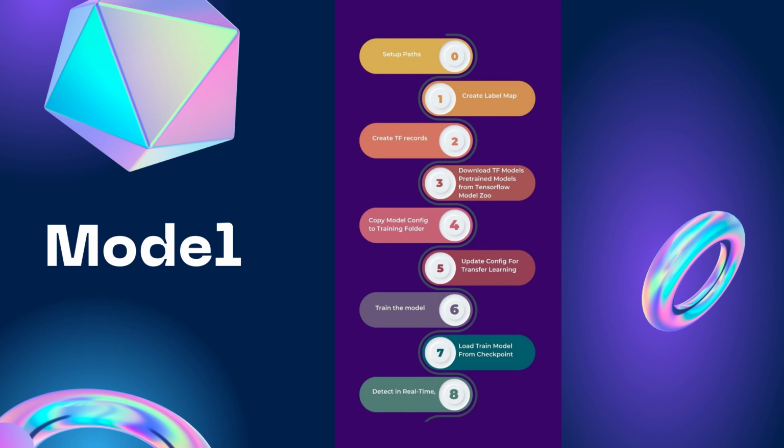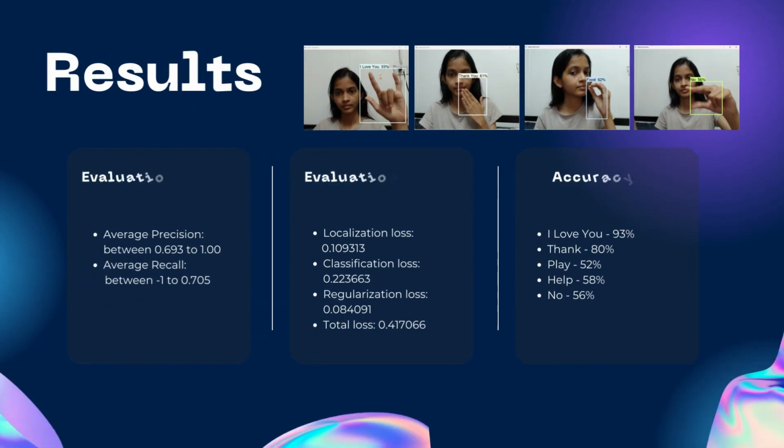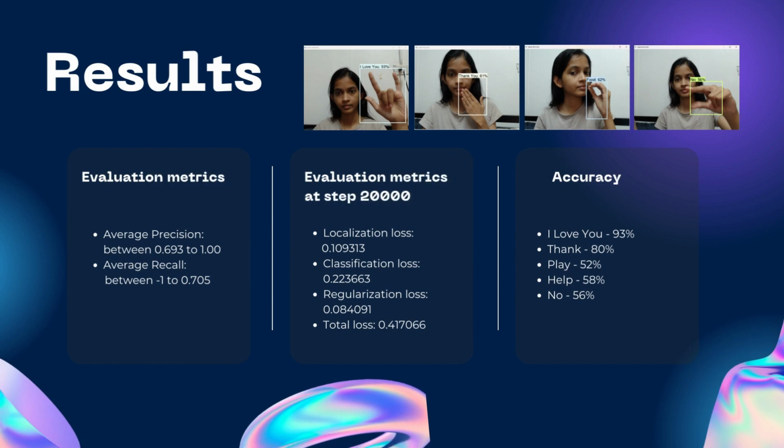Moving on to the results section of our project, we have got an average precision between 0.693 to 1, and we have obtained an average recall between -1 to 0.705.